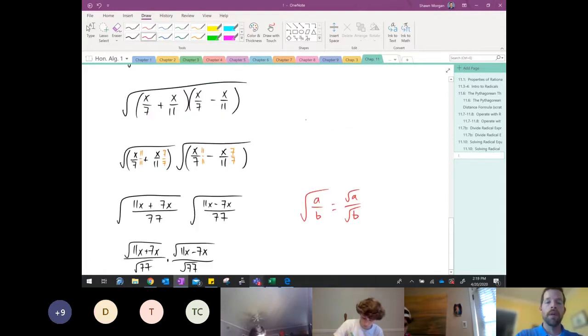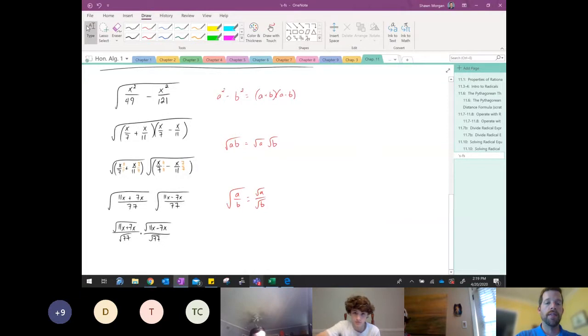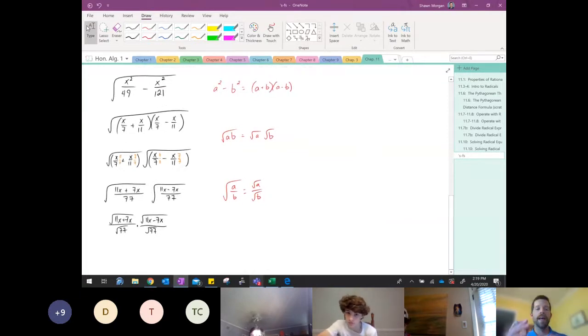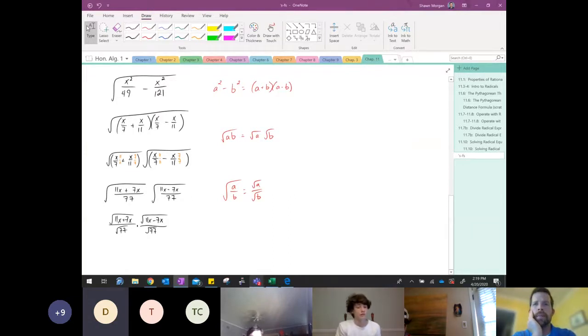Earlier, we had made use of a similar rule where the square root of ab is the square root of a times the square root of b. So do you see how, in this C-level problem, look at the little notes in red, those background things that they're asking us to recall, all the stuff all the time?